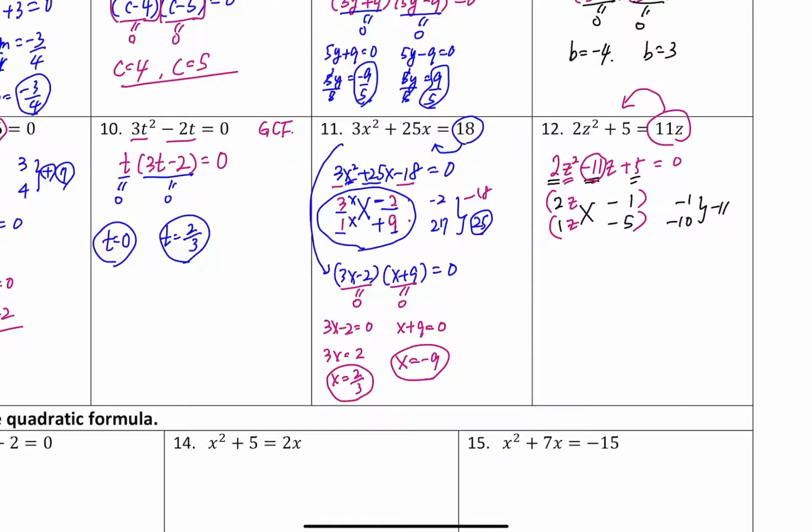Okay, let me rewrite factors. 2z minus 1 times z minus 5 equals 0. And then use 0 property to find the solutions. When first factor equals 0, 2z equals 1, z equals 1/2. And when second factor equals 0, z equals 5.